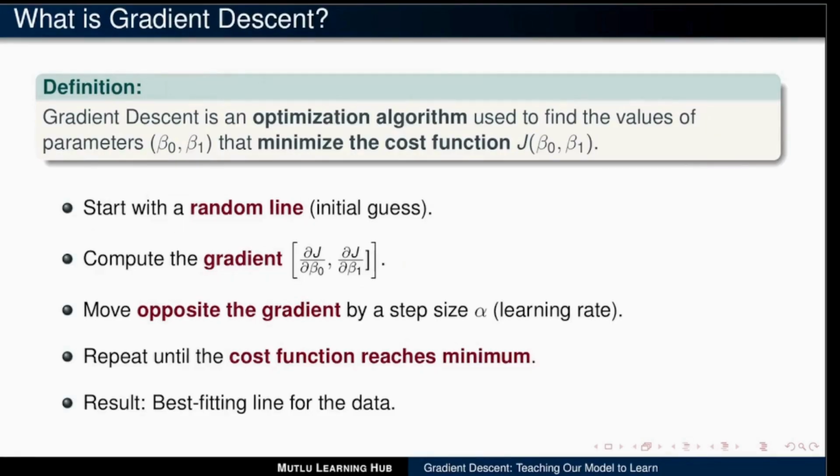By moving opposite the gradient and taking steps controlled by the learning rate, we gradually reduce the error. We repeat this process until the cost function reaches its minimum, and the result is the best fitting line for our data. Once we have a model, we need to check how well it fits the data.